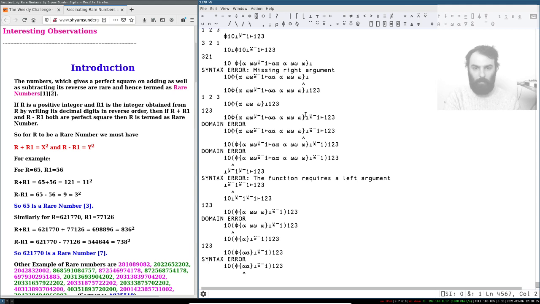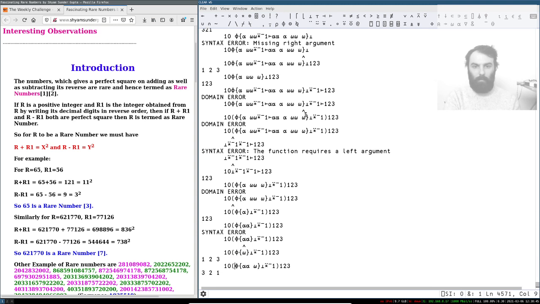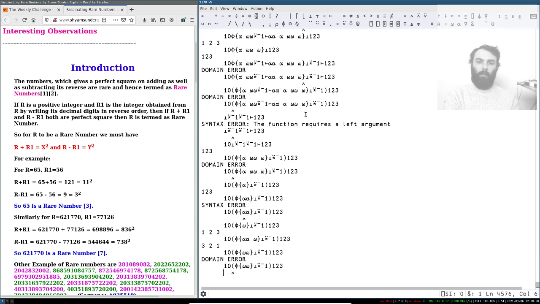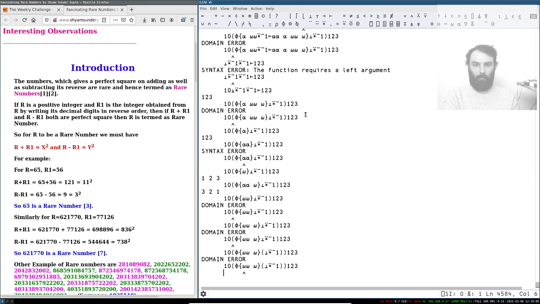Sorry, what? Rotate should be alpha alpha. 10 should be alpha. Omega. So I need to do something like this? That's horrible.